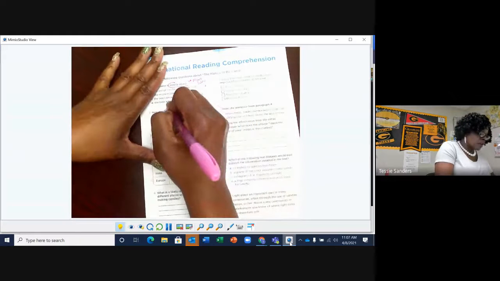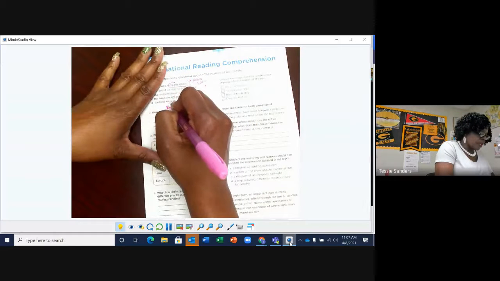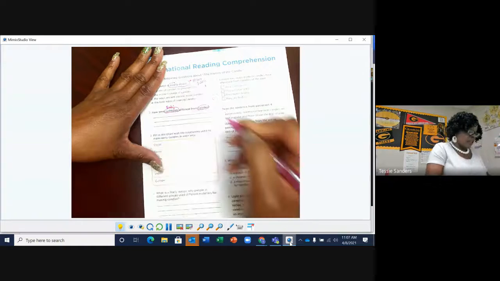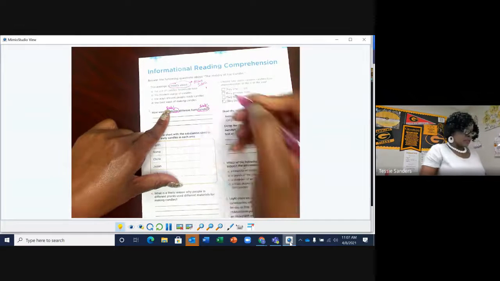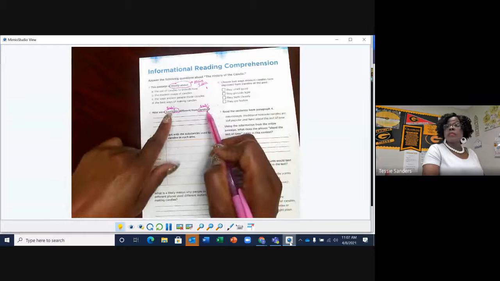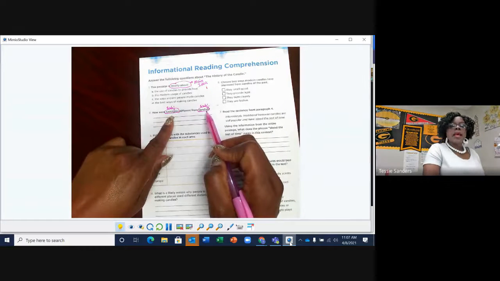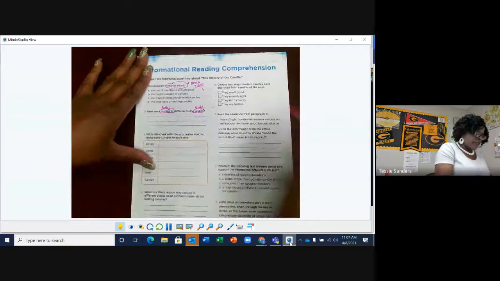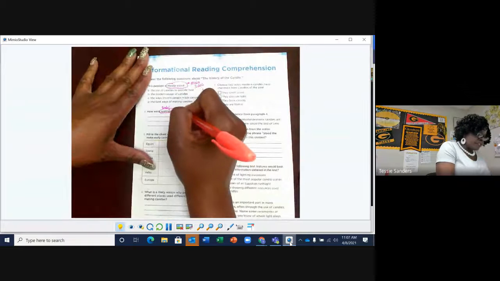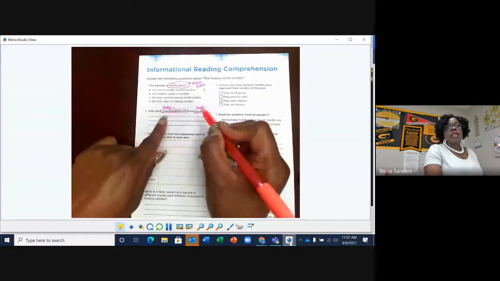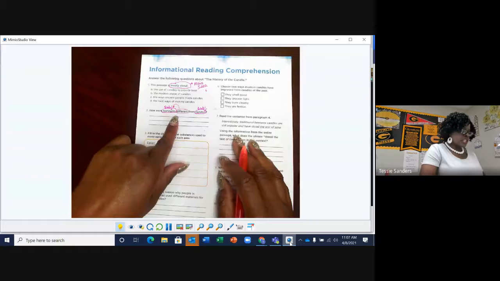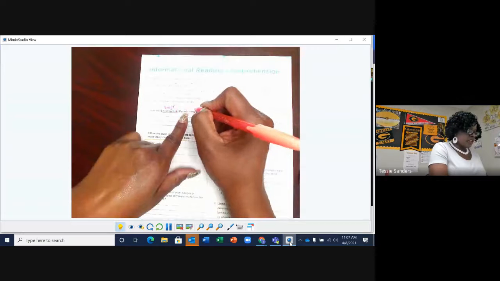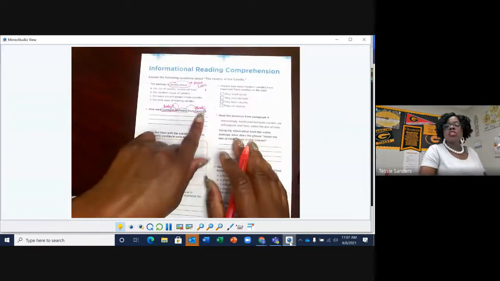So write SUBJ, an abbreviation for subject. So these two are our subject nouns. And we need to take a look at how they are what? Different, these two subject nouns. So we're going to give one detail for rushlights. We're going to give one detail for candles.